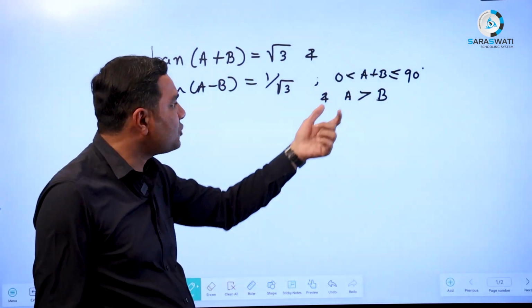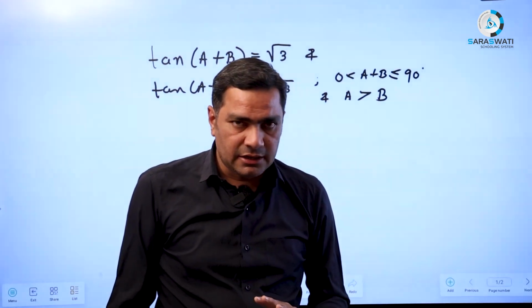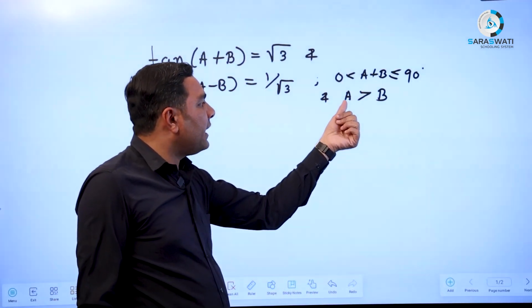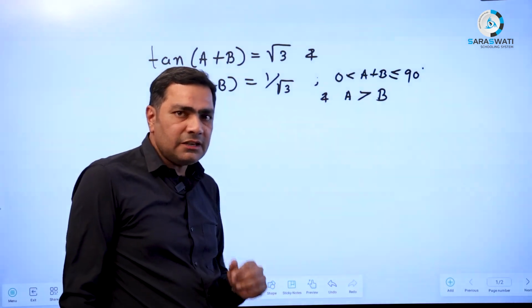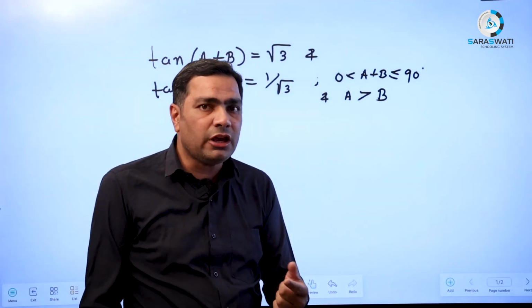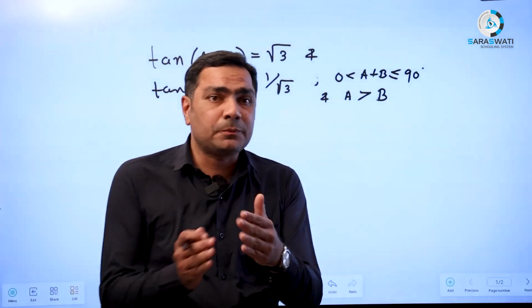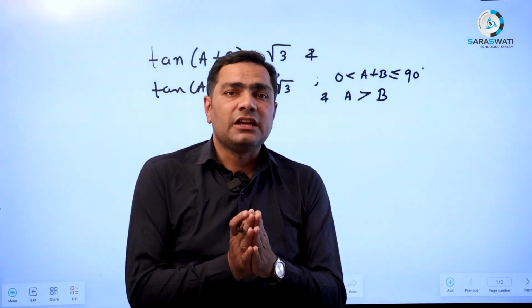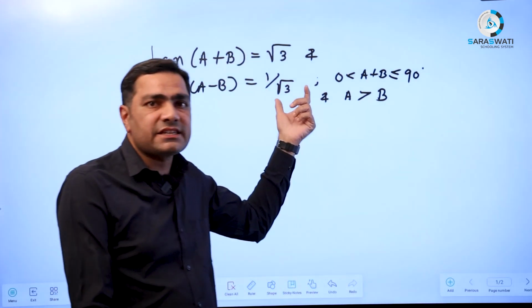That means the sum of angles A and B will never go above 90 degrees. And it is also clearly mentioned that A is greater than B. The beauty of this question is that it involves not only trigonometry but also your chapter number 3, that is linear equations. So let us check how to crack such questions.